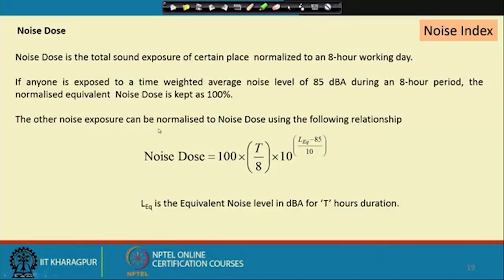The benchmark is that a time weighted noise level of 85 dBA for an 8 hour period is taken as a 100% dose.